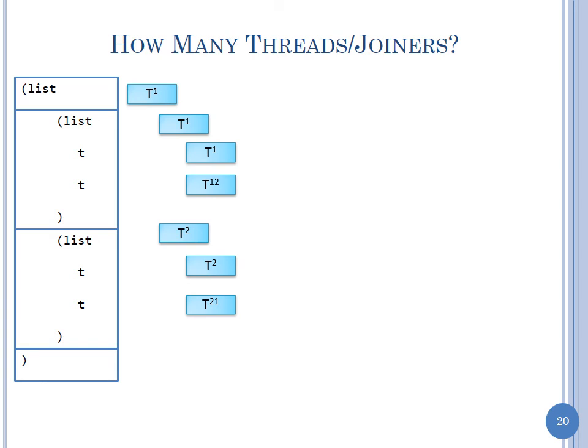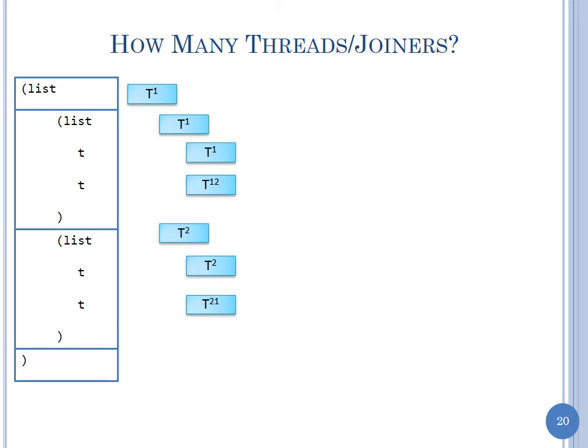Threads, after they're created, terminate, and their objects will be garbage collected ultimately. So it's not as if we're doing something really bad by creating a lot of threads. But we still want to conserve the number of threads and joiner objects we create. That's why we allowed the parent thread to also compute something. But can we do even better?